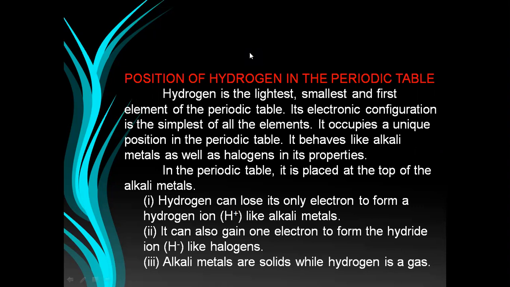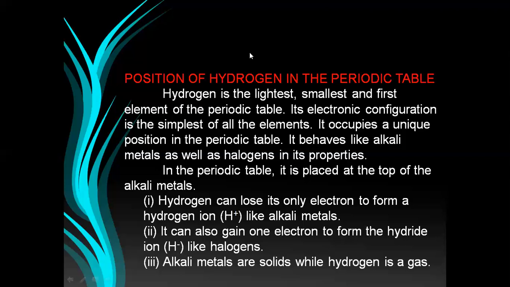We already know that group 1 metals react with water to form solutions, and that is why they are called alkali metals. But hydrogen does not react with water, yet it behaves somewhat like alkali metals, but this property is known as halogens.